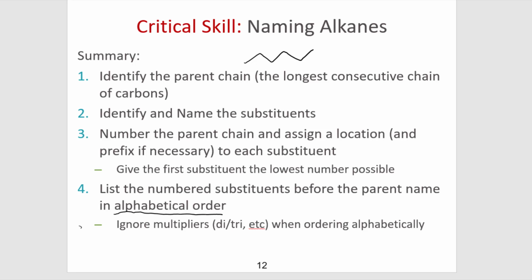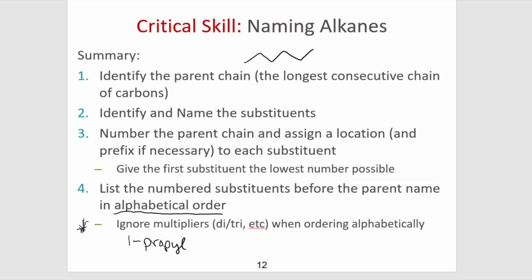Here's one of those things I want you to understand about alphabetical order. Let's say you had a bunch of substituents off of your parent chain: 1-propyl, 2-ethyl, and 3-propyl.